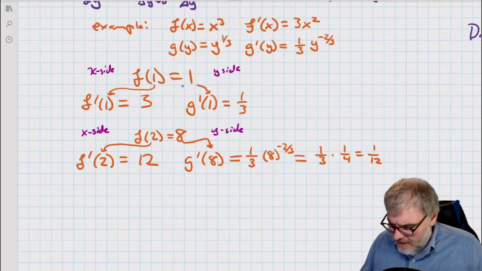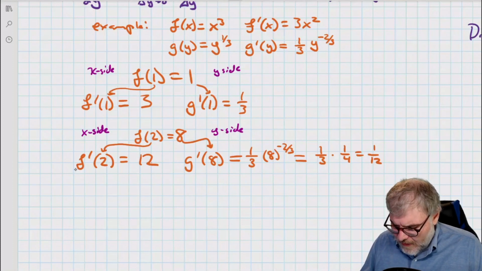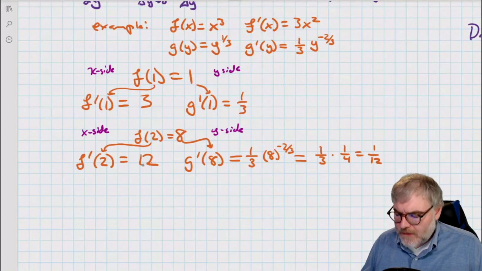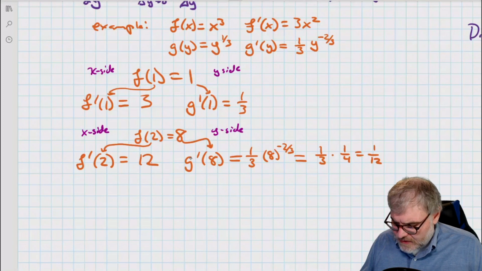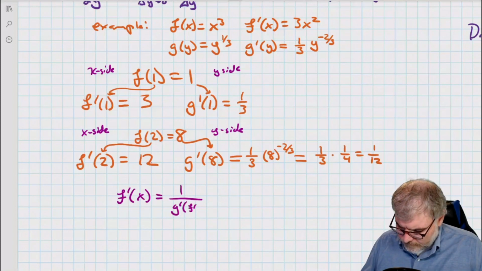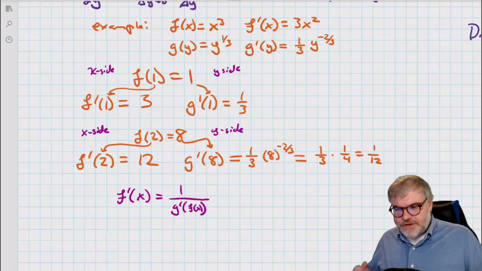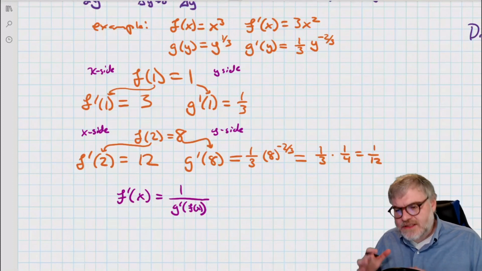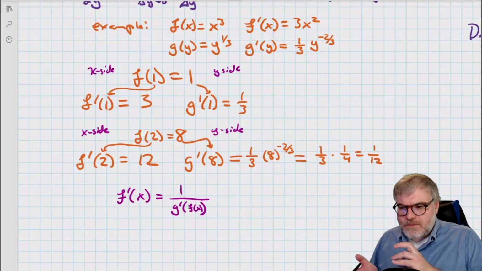For y, g prime of 1 equals 1/3. Here, my x side is 2, so f prime of 2 equals 12. Well, g prime of f of 2, or otherwise known as g prime of 8, equals 1 over 12. In other words, when I've got these equations, the slopes are going to be reciprocals of each other.